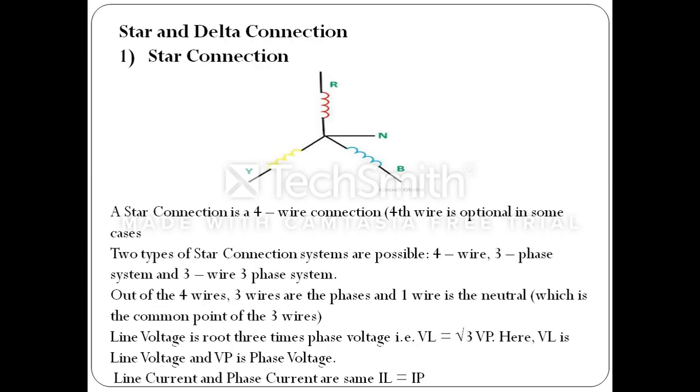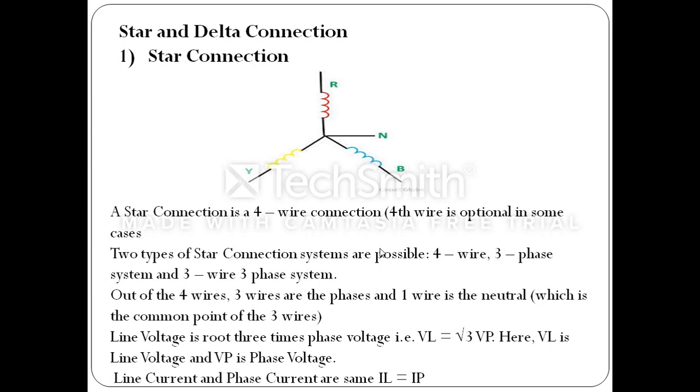Before going through the star delta starter, first we have to study what a star connection is and what a delta connection is. The first one is the star connection. The connection diagram of a star connection is as shown in the figure. A star connection is a four wire connection in which the fourth wire is optional in some cases.